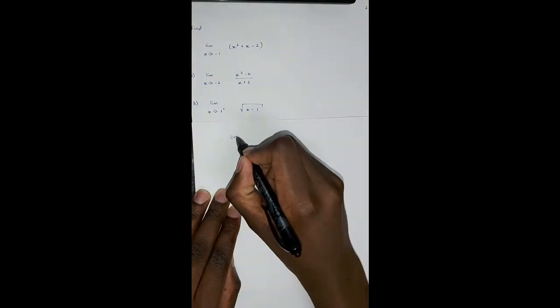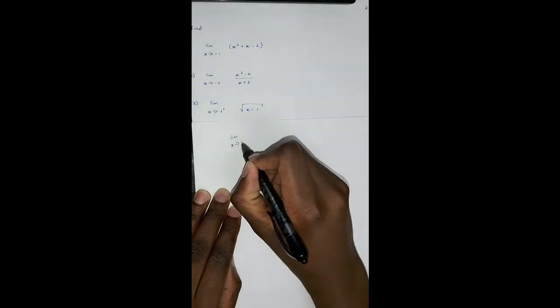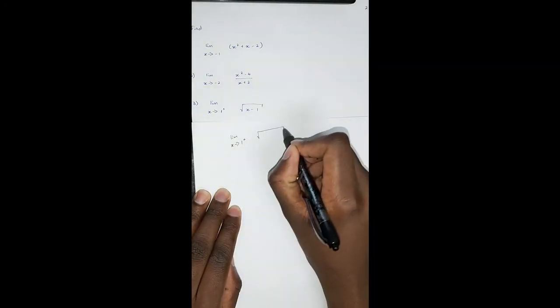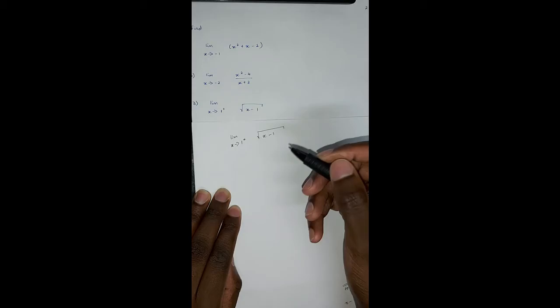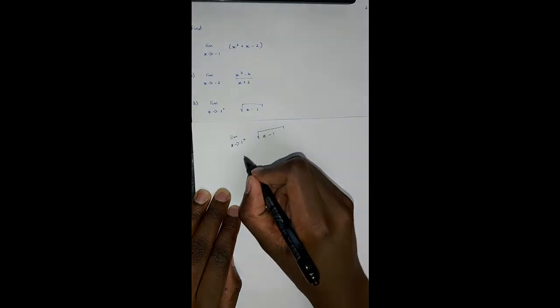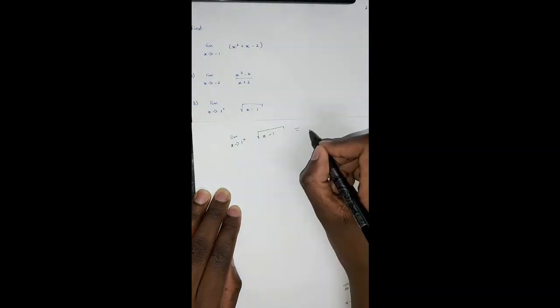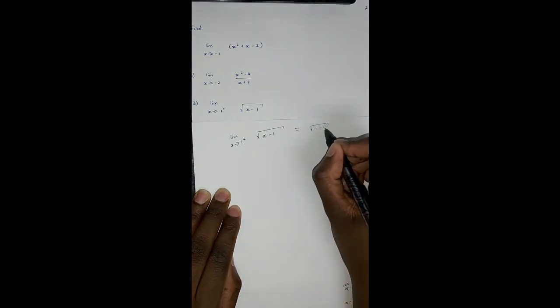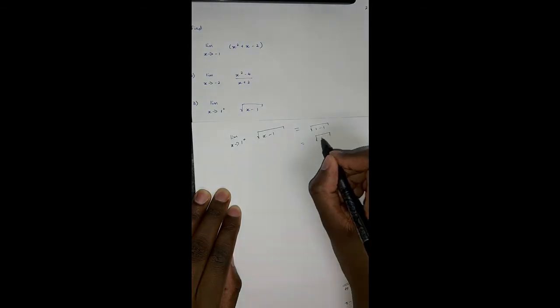So it's the limit as x approaches 1 from the positive of the square root of x minus 1. If we substitute 1, this is the square root of 1 minus 1, just the square root of 0, which is equal to 0. So by direct substitution, your solution is 0.